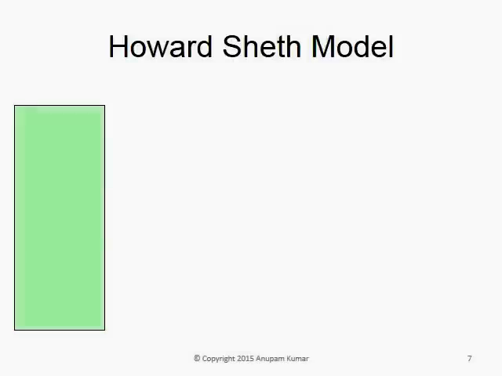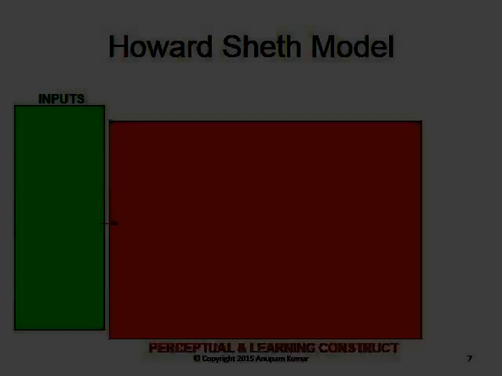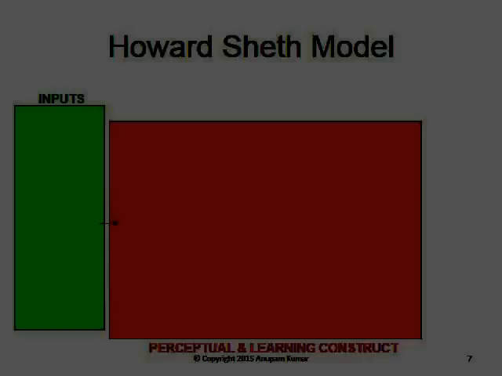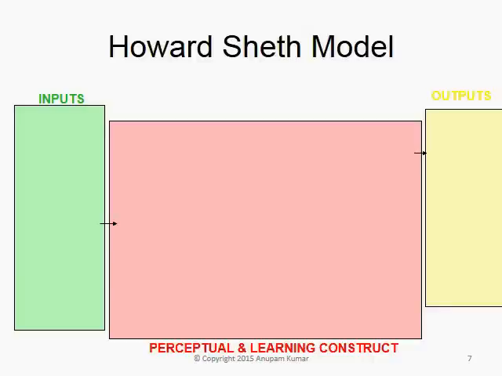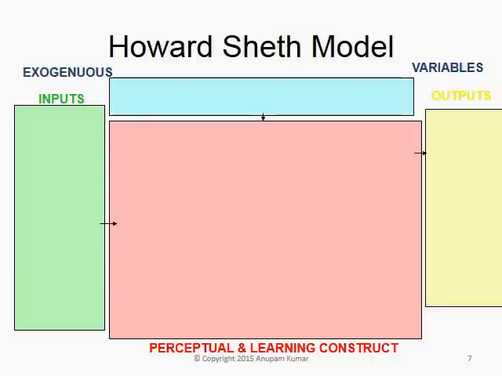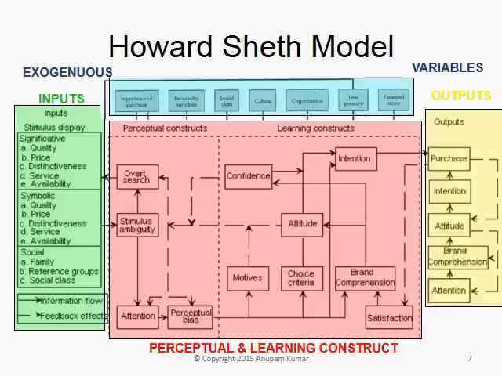So we have the inputs, the hypothetical constructs consisting of the perceptual and learning construct, the outputs, and the exogenous variables. Now we shall try to understand each of these postulates separately.